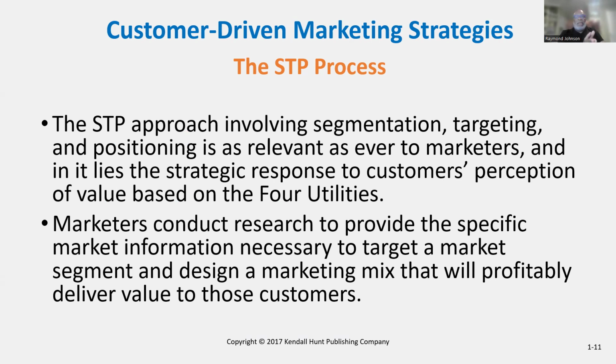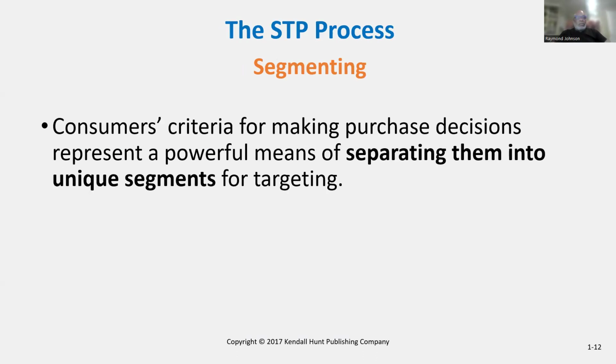I'm not going to be selling that product to an individual who may be 75 or 85 years of age. They probably won't need that, or probably don't like that level of fashion. So we need to segment our market, we target it effectively, and then we position our product so that customers have a pretty good idea of how it should be positioned amongst the competitors currently in the market.